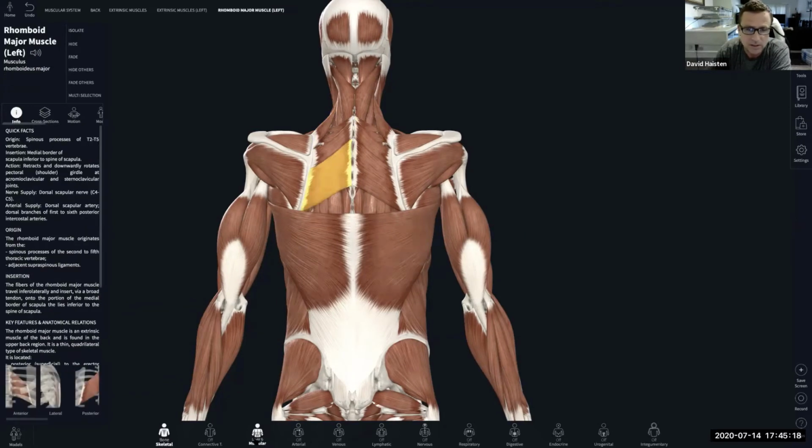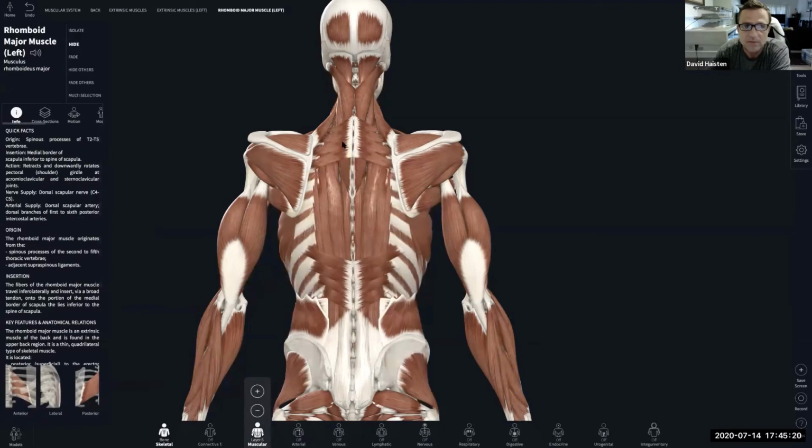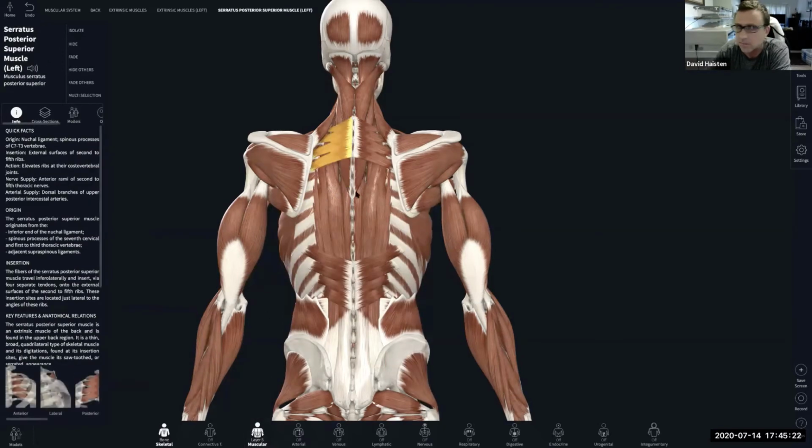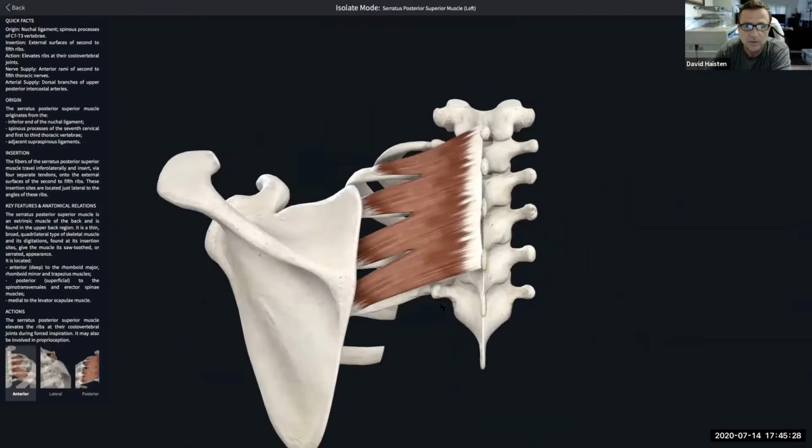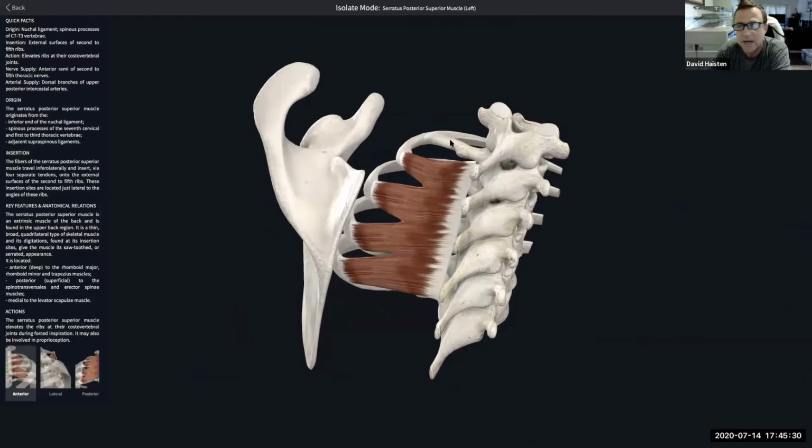So let's go down a layer of muscles, and now I have serratus posterior superior. There it is. You can see how it's attached to some ribs, so it'll pull the ribs out. So these are accessory muscles of inhalation. Taking a really deep breath, that's forced inhalation.